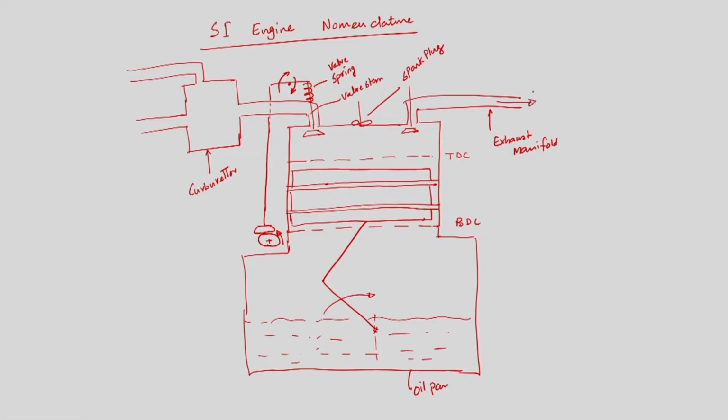This is the exhaust manifold through which exhaust gas goes out from the engine cylinder. This is the cylinder wall, but in the cylinder wall we normally have a cooling water jacket to reduce the temperature of the engine cylinder.